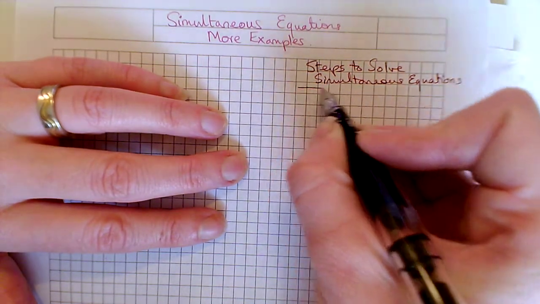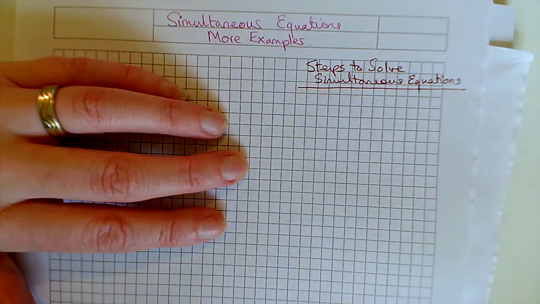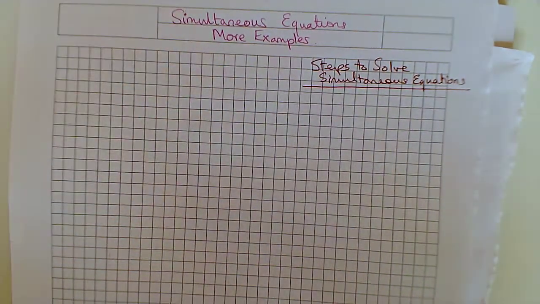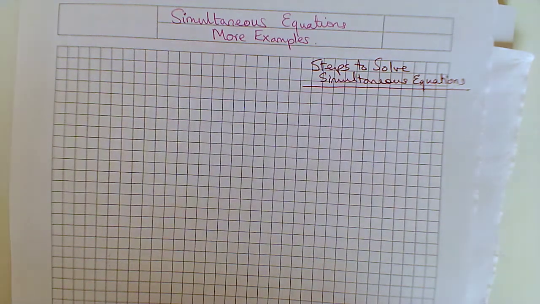And yesterday, you'll remember, I said that the first thing that we want to do is to remove one of the variables. So simultaneous equations will have two variables, usually x and y. So the first thing we want to do is to add those equations together in such a way that I get a new equation that only has x or only has y.